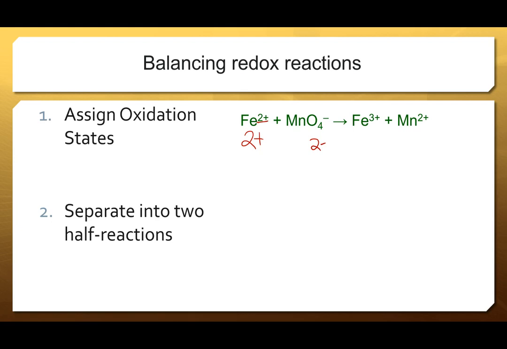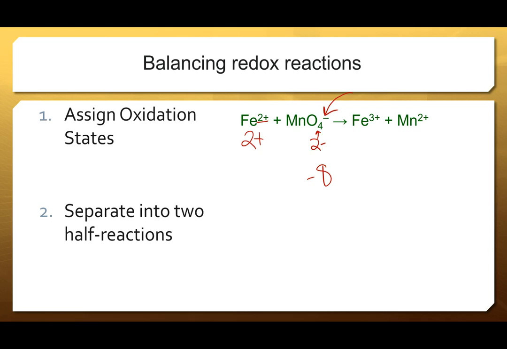All right, so here comes the difficult part. Oxygen has an oxidation state of -2, and there's 4 of them, so oxygen brings a -8 to the table. This charge right here tells me that that molecule has a -1 charge. So when I add -8 plus the oxidation number for manganese, it has to equal -1.